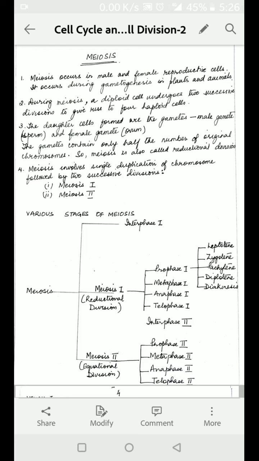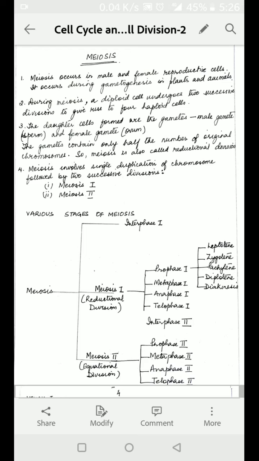And when the haploid gametes fuse, the resulting zygote that is formed will get a full set of the diploid number, and you know the chromosome number for a species is constant. It is specific. It does not change. All humans all over the world will have 46 chromosomes in their body cells.